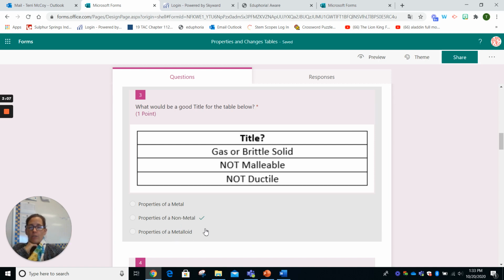If you go back in your notes, you would remember we took notes on metals, nonmetals, and metalloids. Being a gas or brittle solid, being not malleable, meaning we can't bend it without breaking it, and not ductile, meaning it can't be hammered out into a thin sheet, are all properties of a non-metal. So properties of a non-metal would be your title for this table.